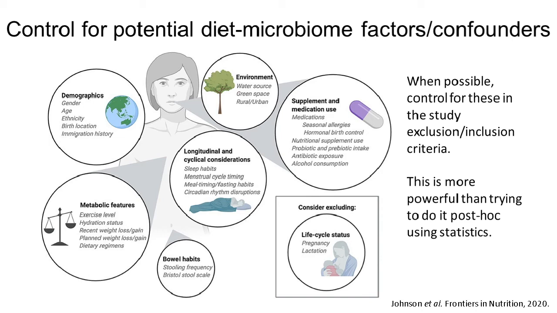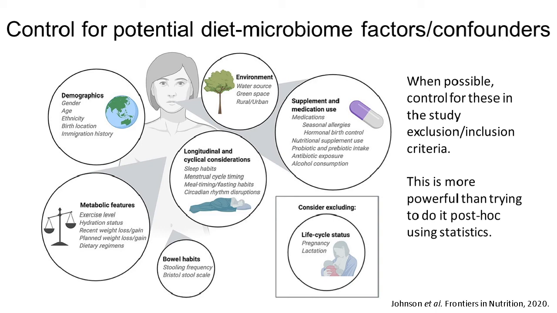I won't go through all of these factors, but in this paper, we walk through various potential confounders or factors that would be influencing the microbiome that you will likely want to control for in your study. And I just made this little point here on the top right. When possible, I like to control for these through the criteria and the sampling frame of the study.